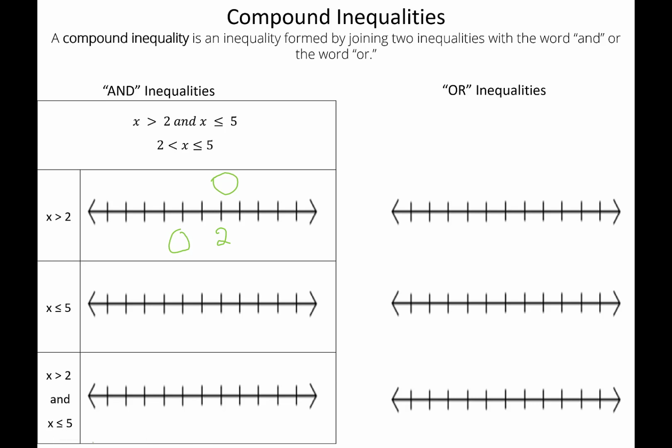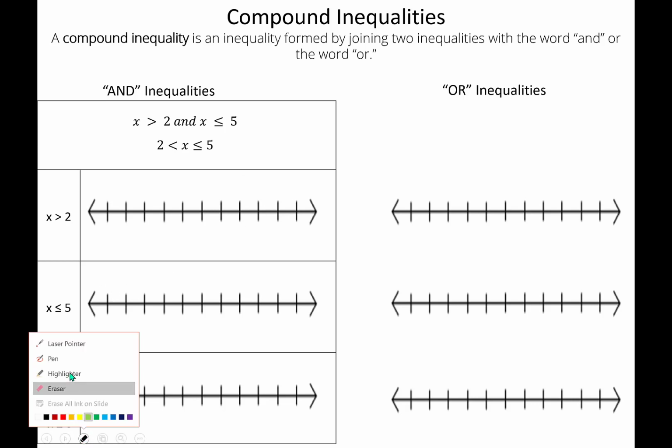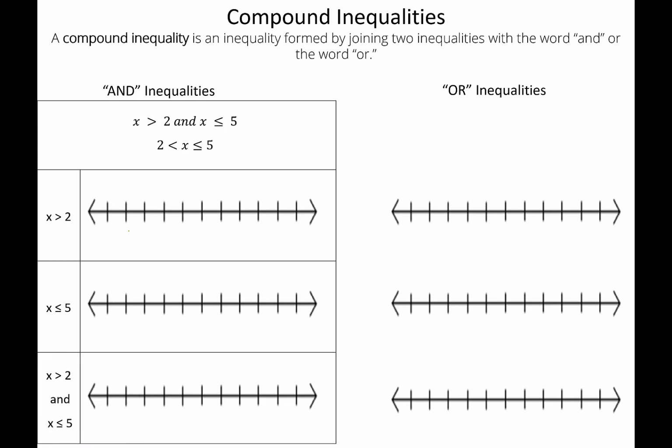Okay, so we've got an open circle at 2, and since it's greater than, we're going to shade to the right.